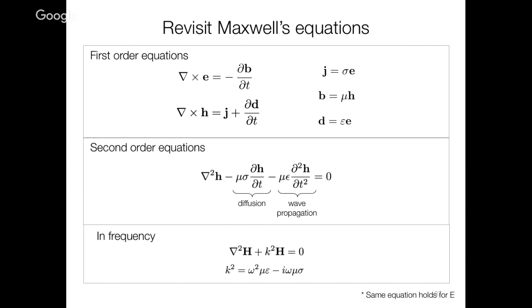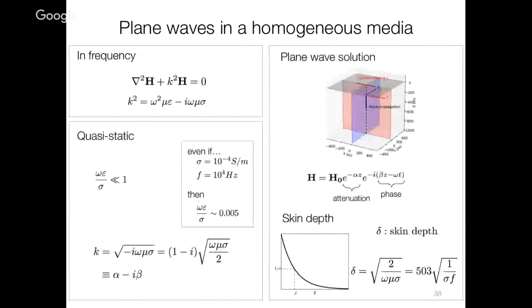The first part is a diffusion term, which is what we've been thinking about at this point. The other part is a wave propagation term, which is where GPR comes in. If we take the Fourier transform of that, we can write this equation, which is a vector Helmholtz equation.